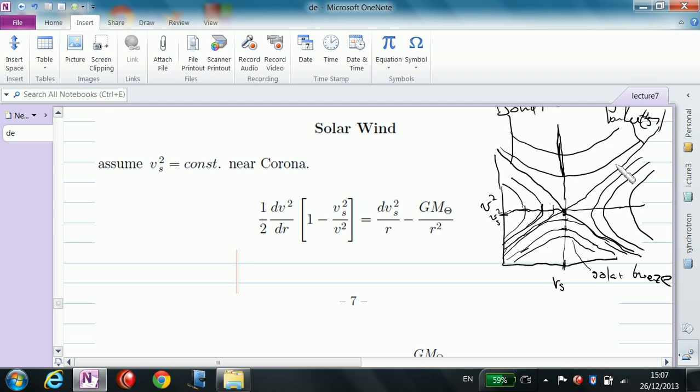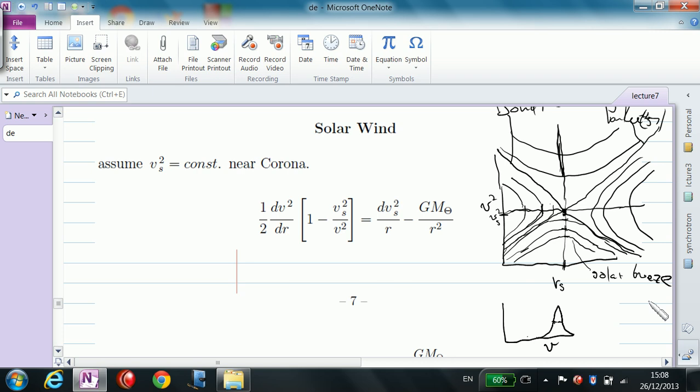They had particle detectors that measured the velocity of the particles, and there was a slight spread, but the spread was much less than the velocities themselves, which means the thermal delta V was much smaller than V, which means the flow was supersonic.